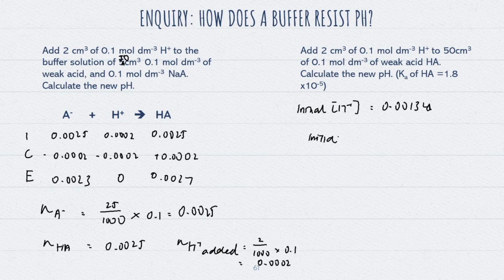Let's use moles. So initial moles of H plus would be 0.00134 times 50. Originally it was a 50 cm cube of solution.